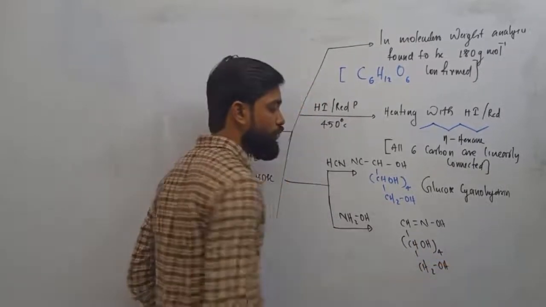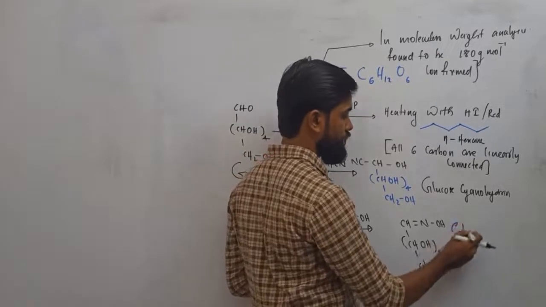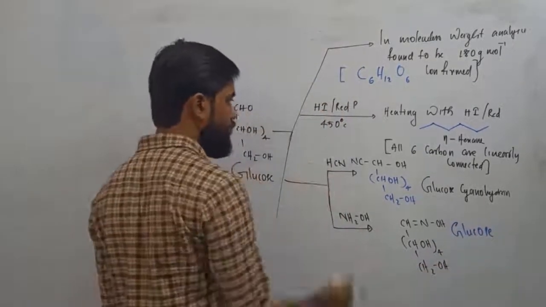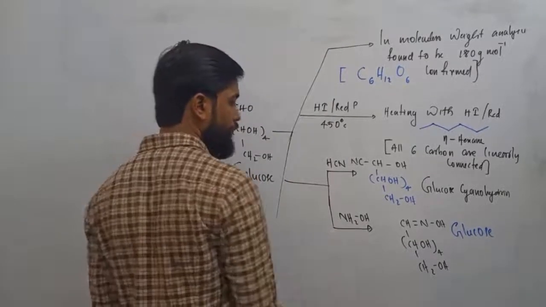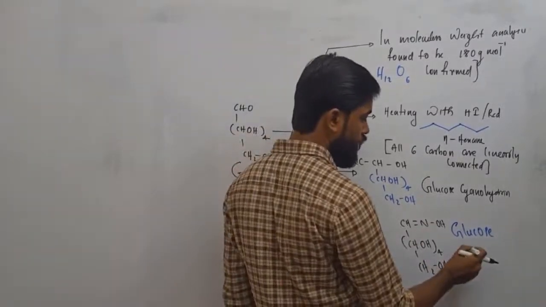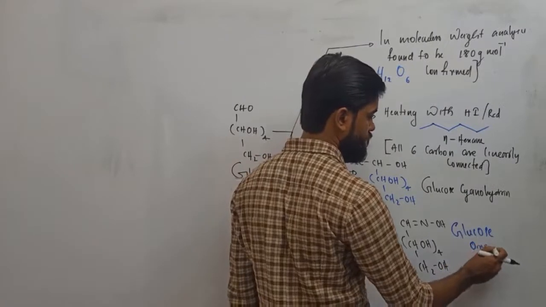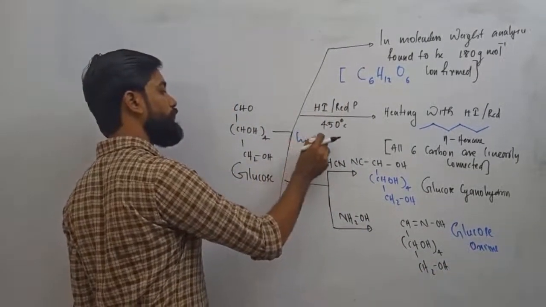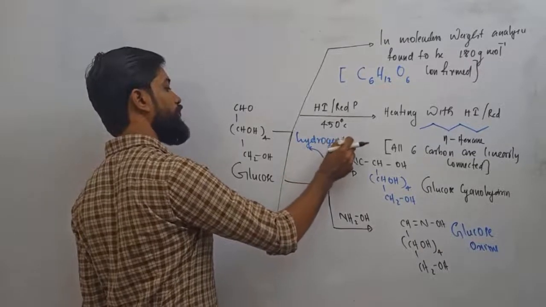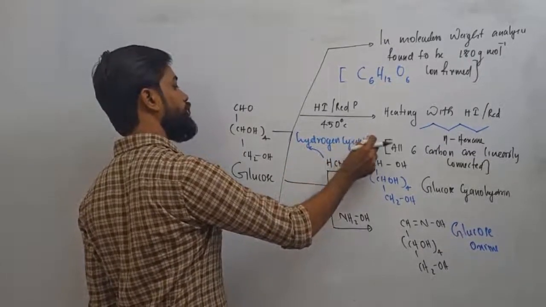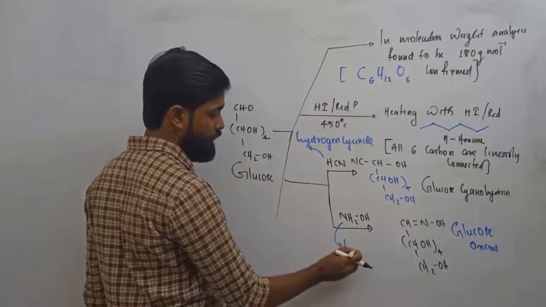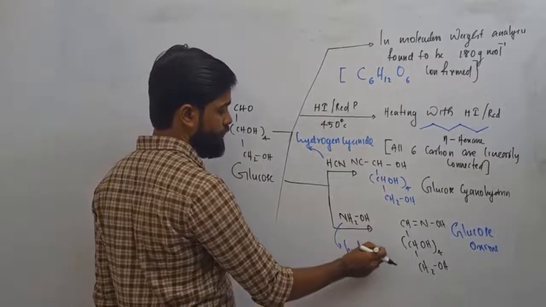On treatment with hydroxylamine, glucose forms glucose oxime. So on treatment with hydrogen cyanide it forms cyanohydrin, but on treatment with hydroxylamine it forms glucose oxime.